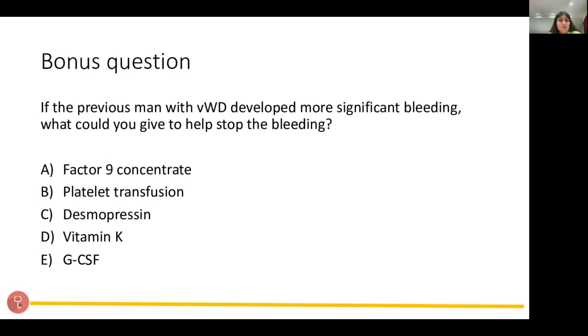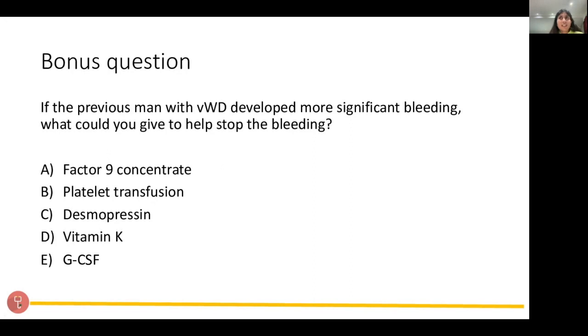So if they've got nosebleeds that have now been going on for hours and nothing's helping. Desmopressin stimulates the release of von Willebrand factor from the stores of von Willebrand factor in your body. So that would basically cause more of it to be released and therefore help stop the bleeding.